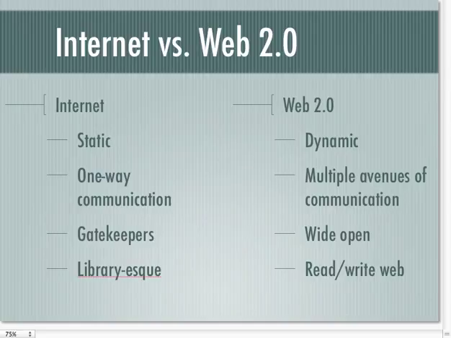The first thing that needs to be said is that many people, when they look at this slide and the terminology, the Internet versus Web 2.0, disagree about the naming of these two states. A lot of people don't even agree that such an either-or distinction can be made.